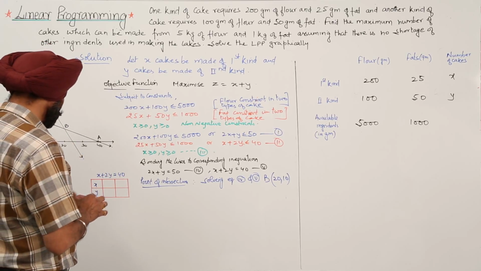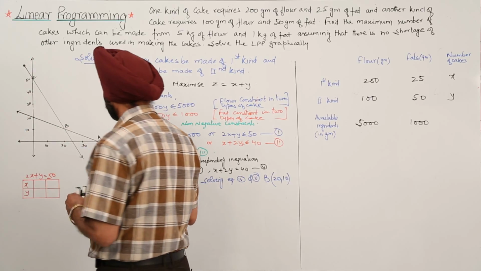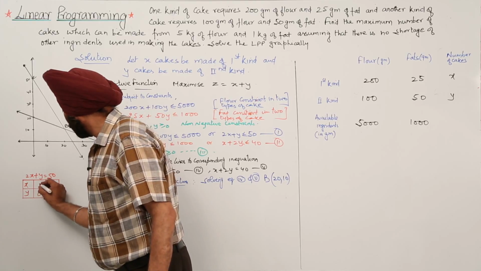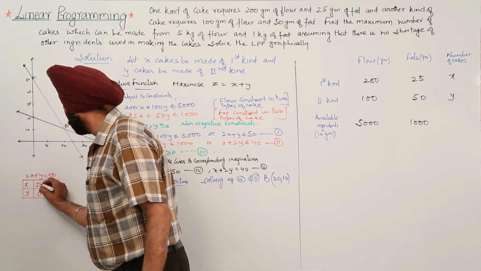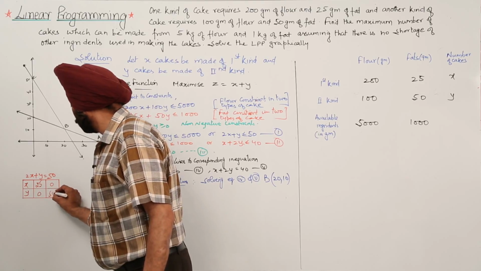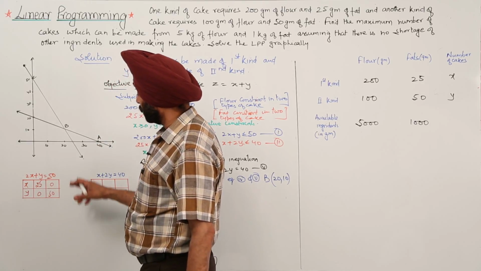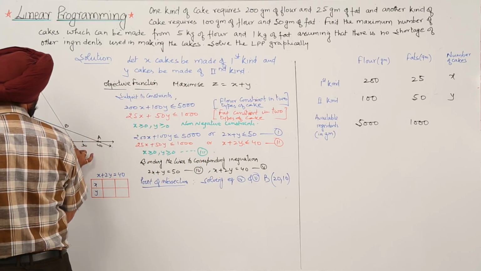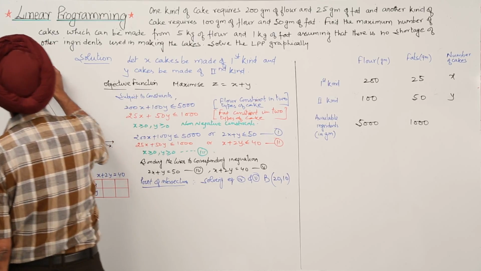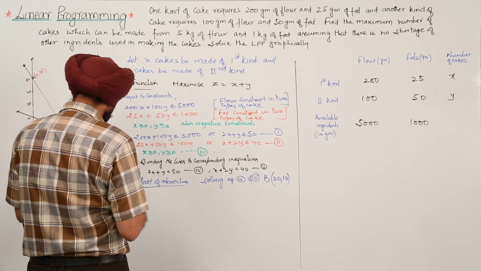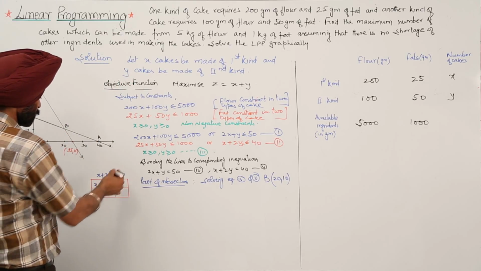Now, first equation, 2x plus y is equal to 50. When we take y as 0, x becomes 25. When x is 0, y is 50. So we have the points 25 comma 0 and 0 comma 50. Then x plus 2y is equal to 40.